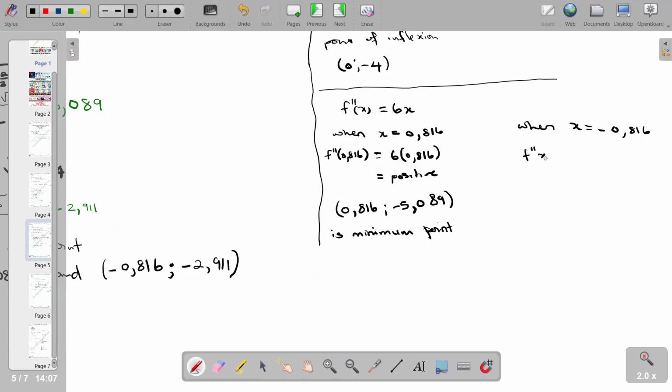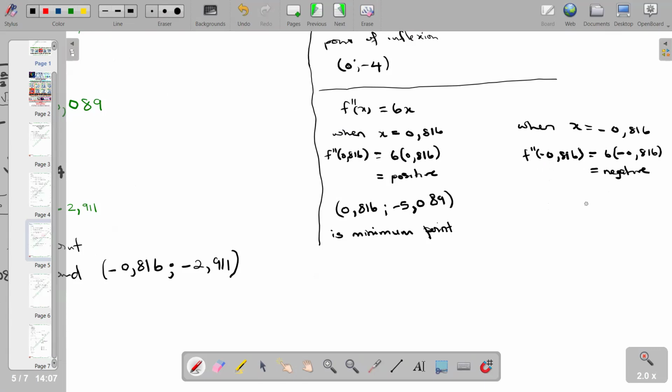Here it's f, which is negative 0.816. There it's going to give us 6. Then we substitute a negative 0.816. If you check the answer that we get when we simplify here, it's negative.